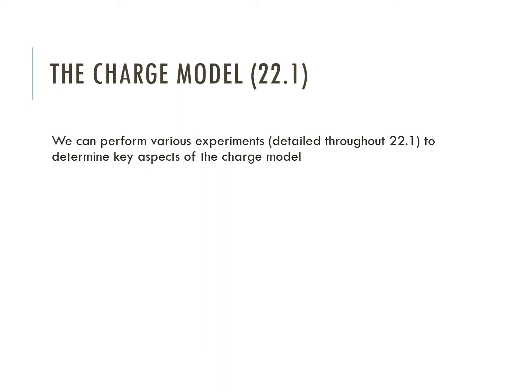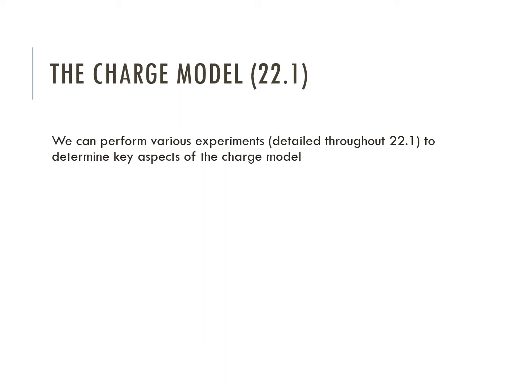I think it was 13 or 14 experiments detailed on how to get these rods to repel and attract each other and stuff like that. I think it's more beneficial to just go straight to what the model is. How does it work for actual charge?